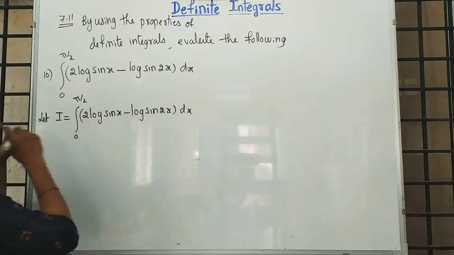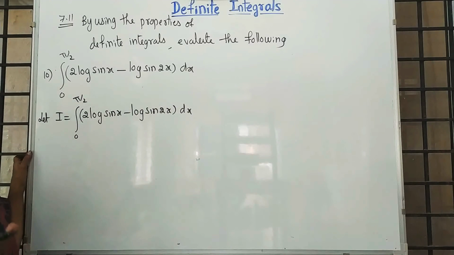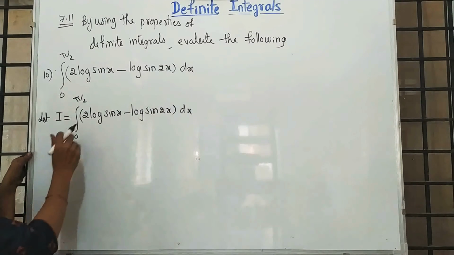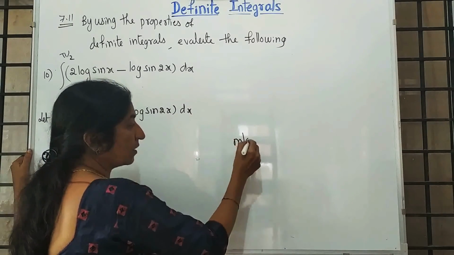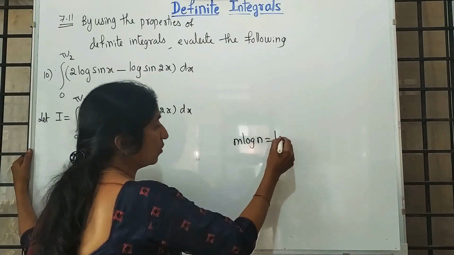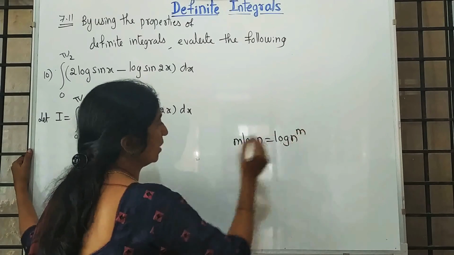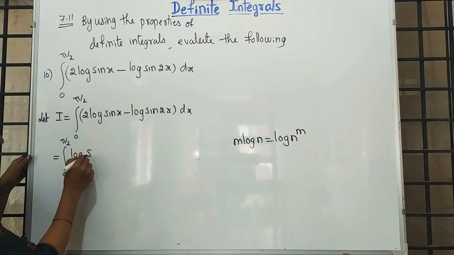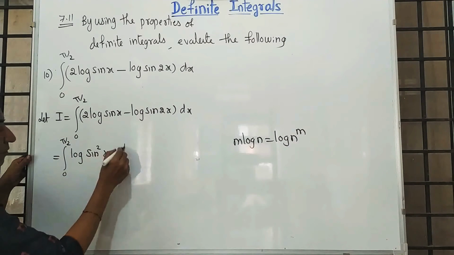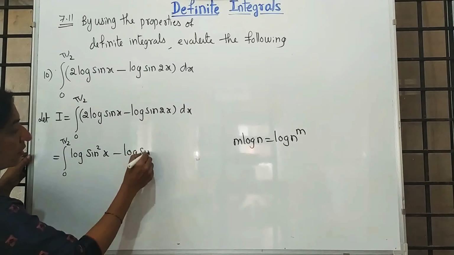Don't think anything when you see a different method, because in integration you can solve by any method, it depends on the formula. 2 log sin x, which property? m log n is log n raised to m. 0 to pi by 2 log sin square x minus log sin 2x.